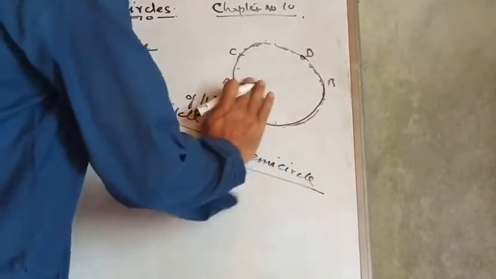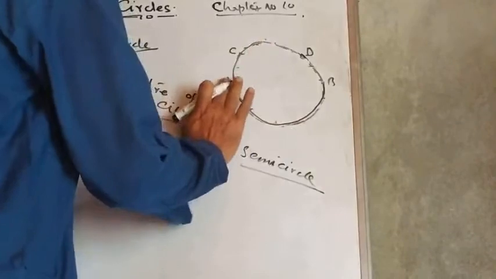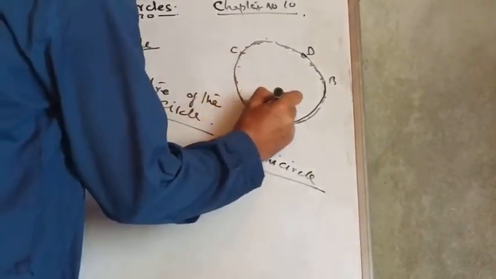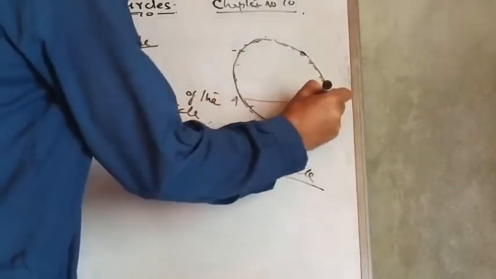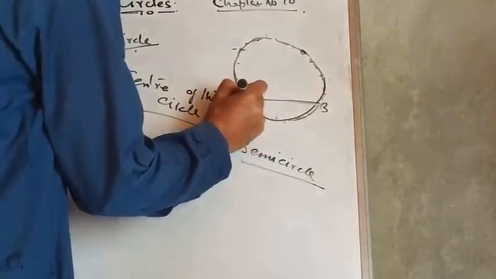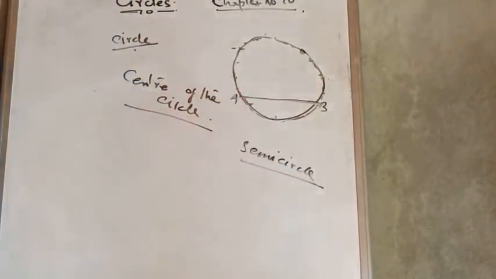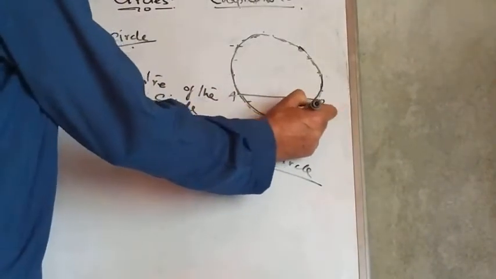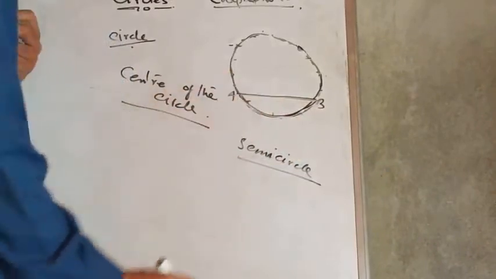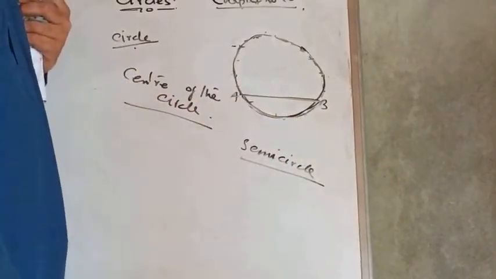Now, let us take again a chord. Suppose this is a chord AB. Now you see that this AB has divided the circle into two parts.